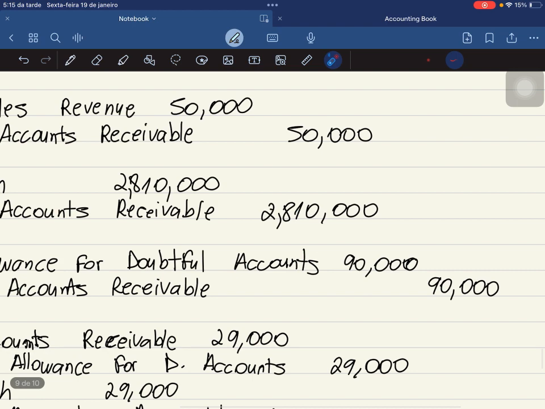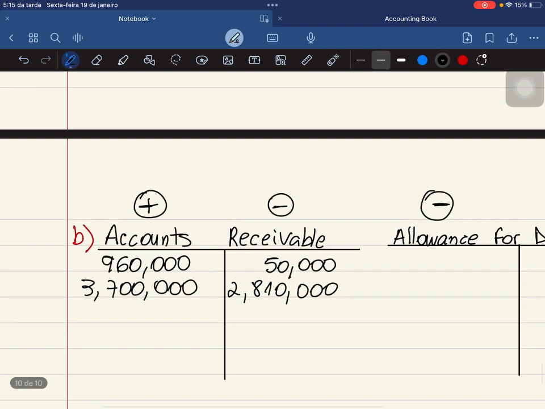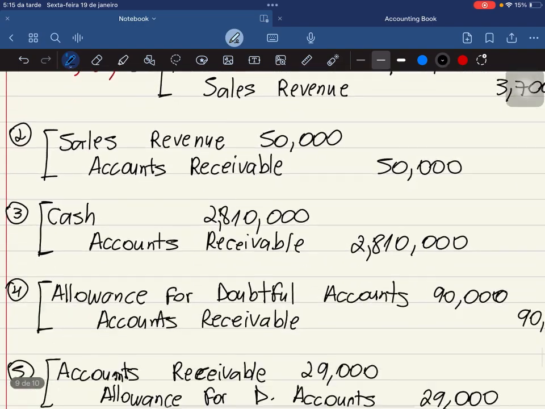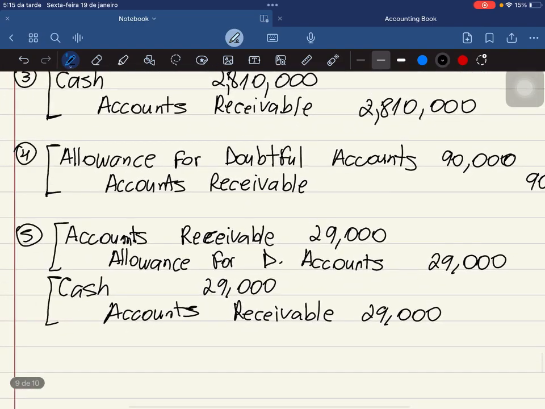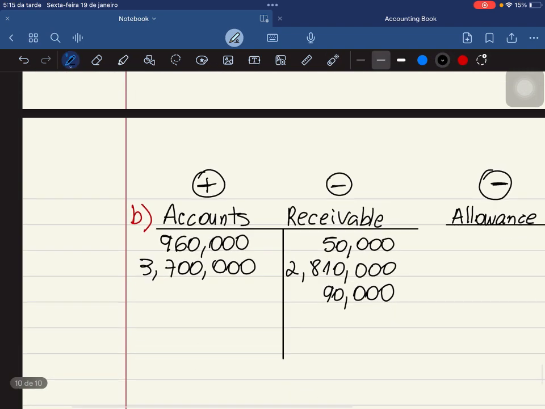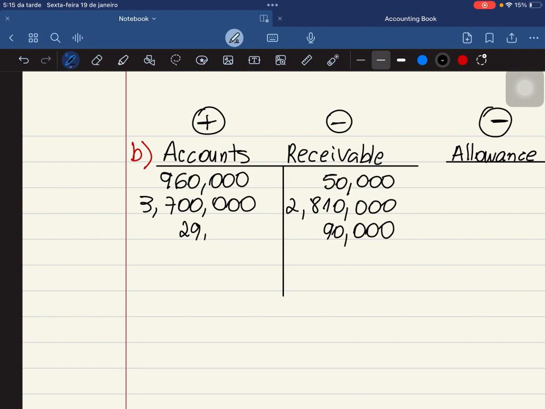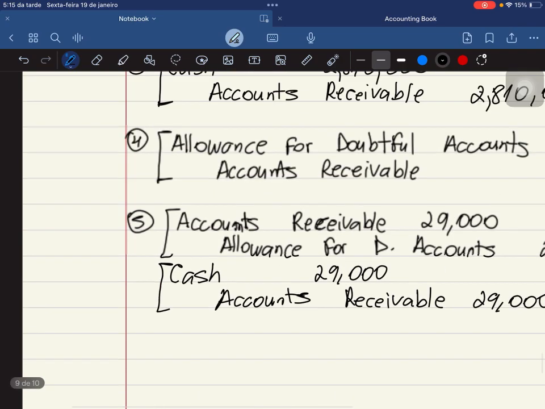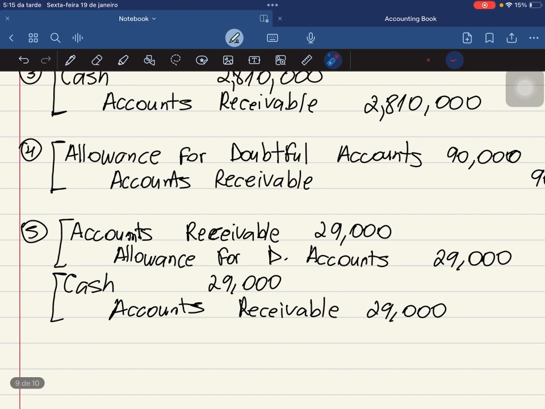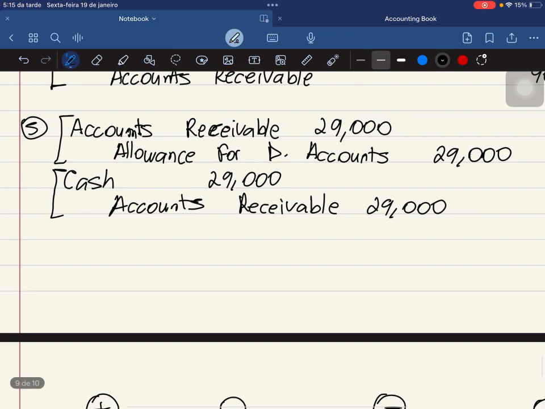Credit of 90,000. Debit of 29,000. Last but not least, credit of 29,000.